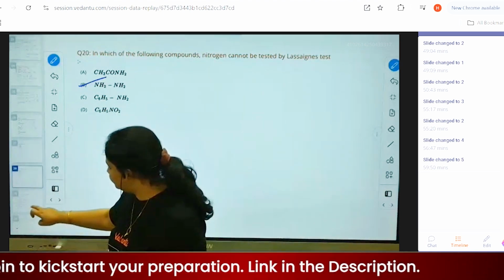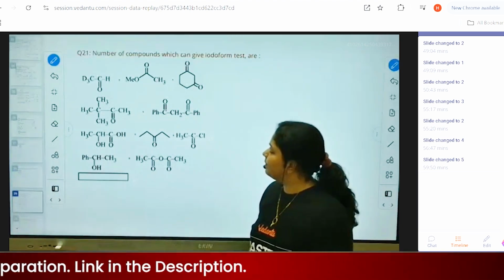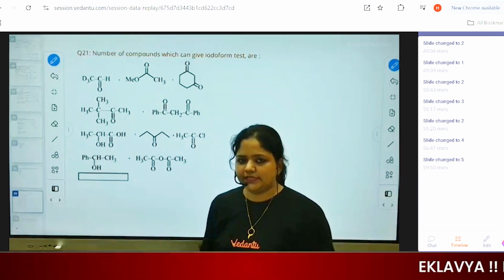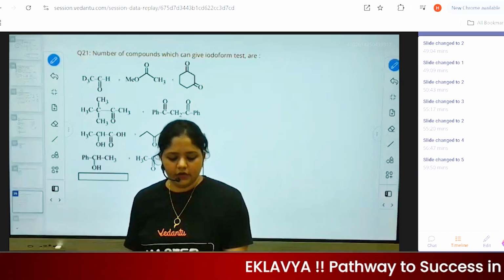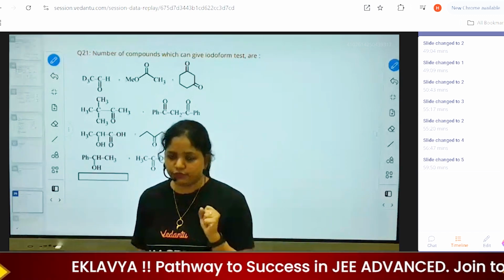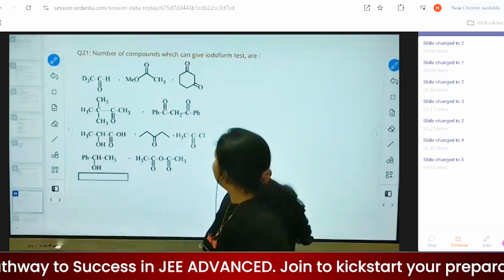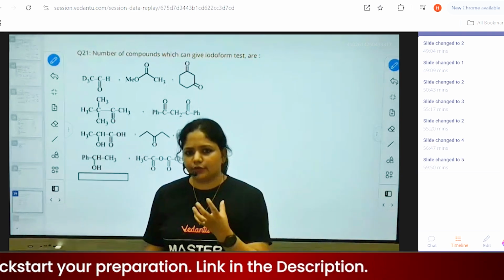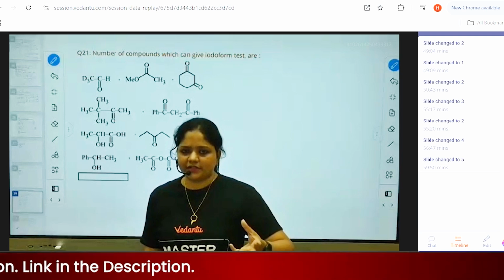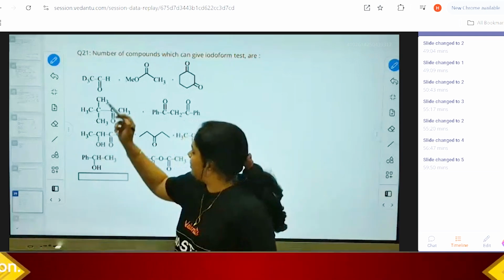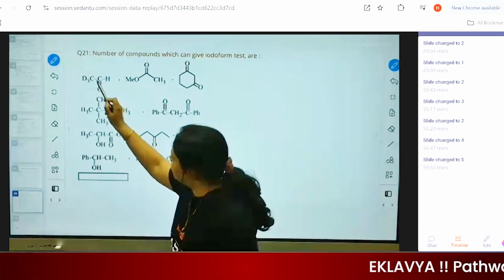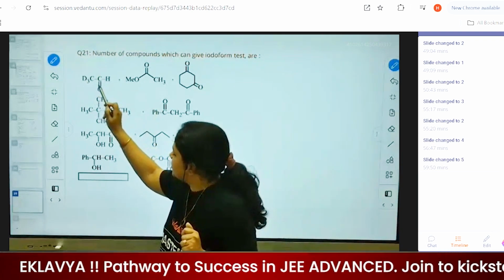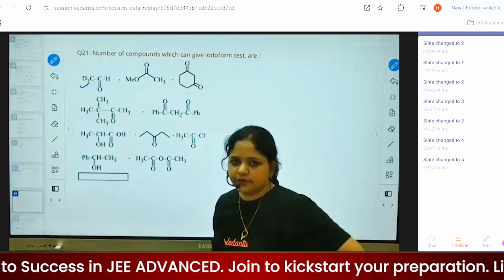Moving further, next: number of compounds which can give iodoform test. So for iodoform test, basically there should be presence of a methyl ketone group. If I am reacting this with halogen in presence of a base, OH minus will come and abstract that alpha hydrogen of that methyl. If there is a methyl ketone present, for example here in this CH3CO, this is a methyl ketone, yes, this will form.